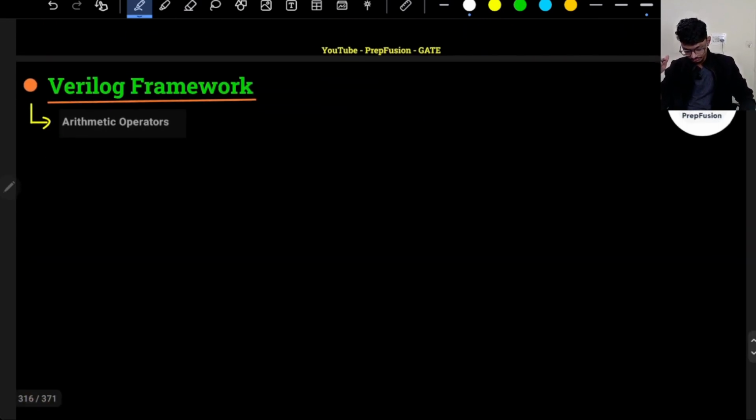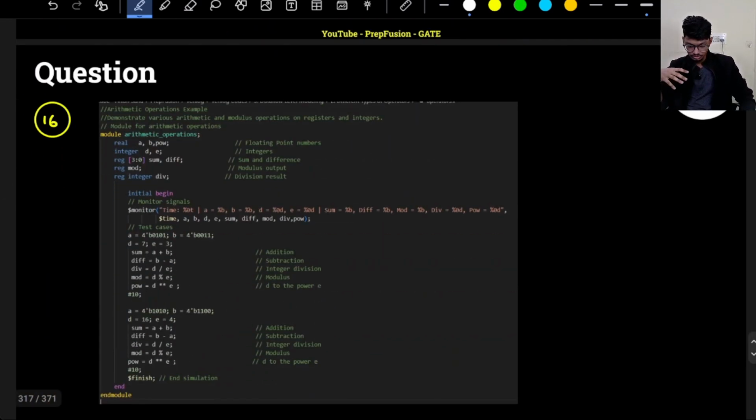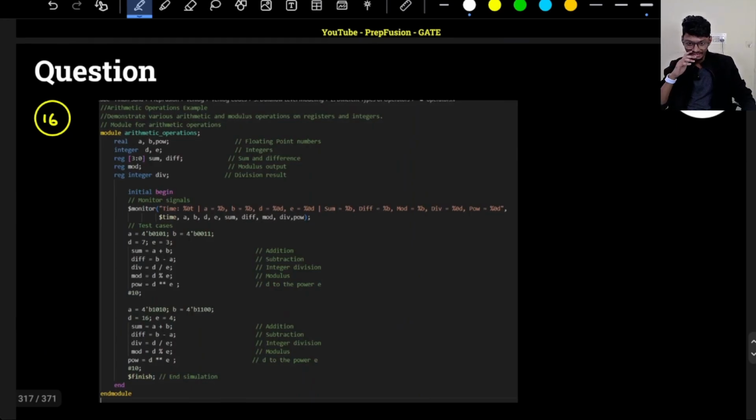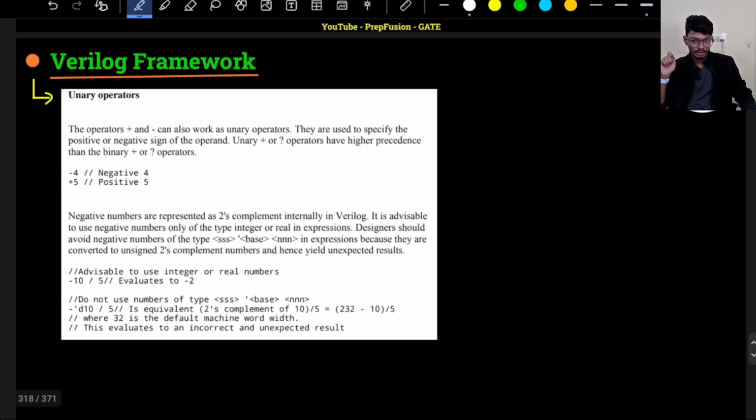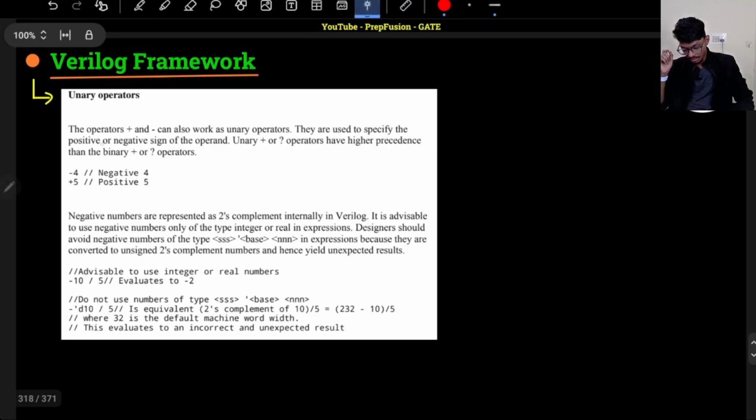I have made a question for you, so you can go through the question and try to solve it by yourself. Okay, let's move on to the next type of operators, that is unary operators. Unary operators are those type of operators which only work on one operand.